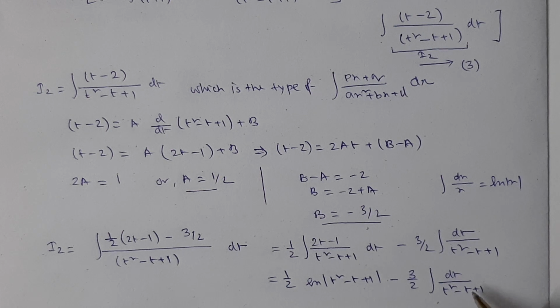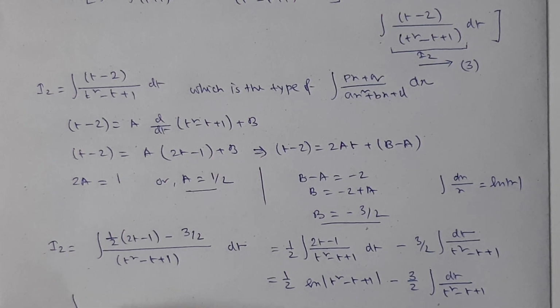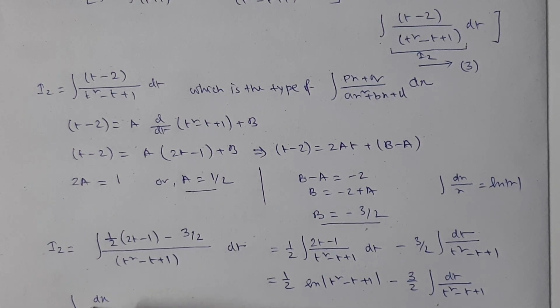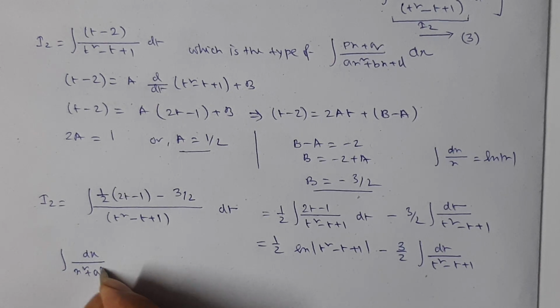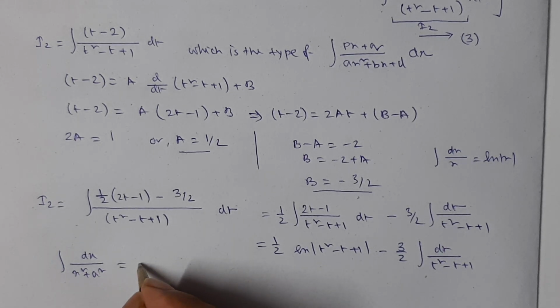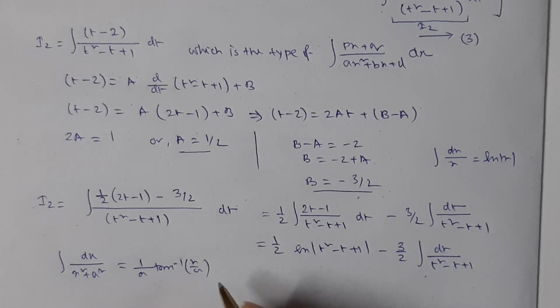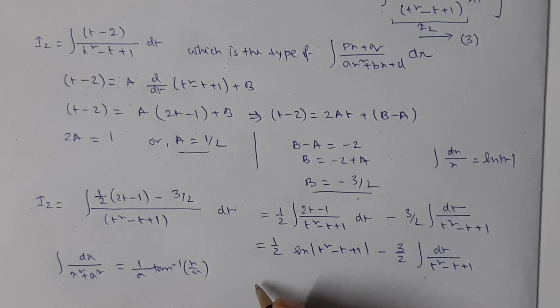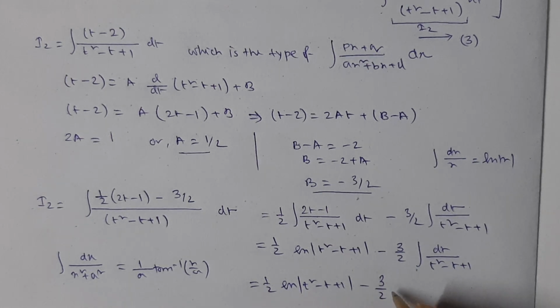We know a formula like this: the integral of dx by (x² plus a²) is equal to 1 by a tan inverse x by a. So half ln (t² minus t plus 1) minus 3 by 2.